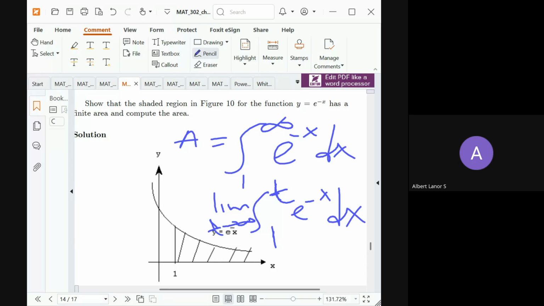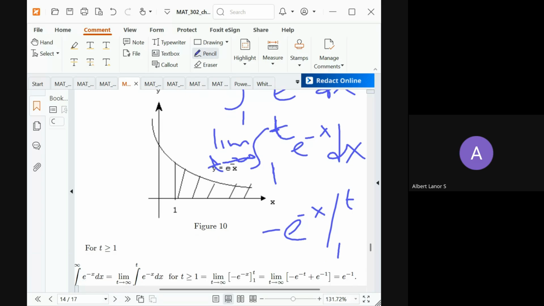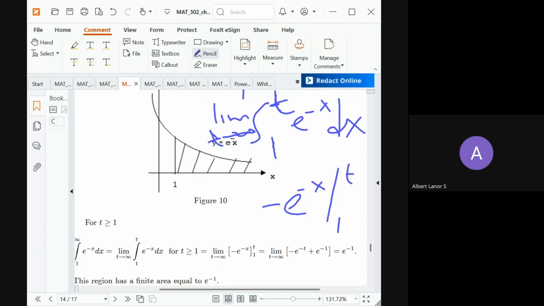All right, so that is it. Yes, so if you integrate this, you're going to have minus e to the minus x from 1 to t. So when you substitute, okay, it's all here, for t greater than or equal to 1.